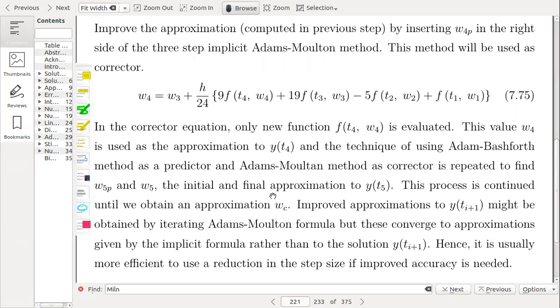So again we can say that the predictor value is almost the rough estimate and the corrector value is the more finer value.